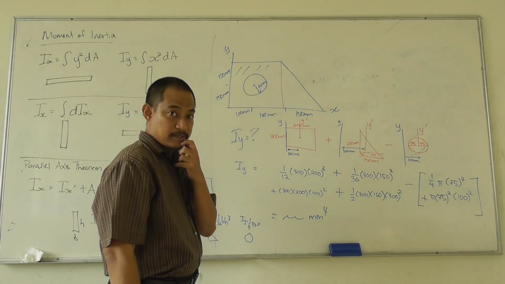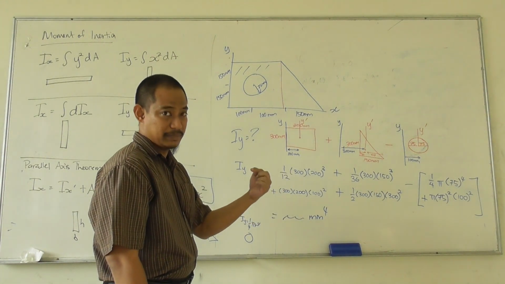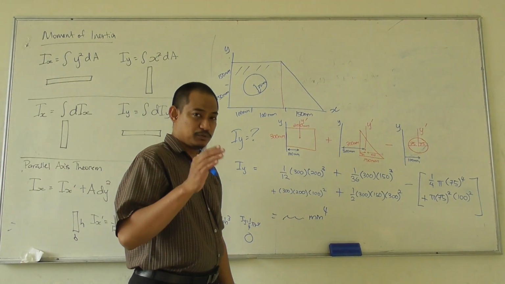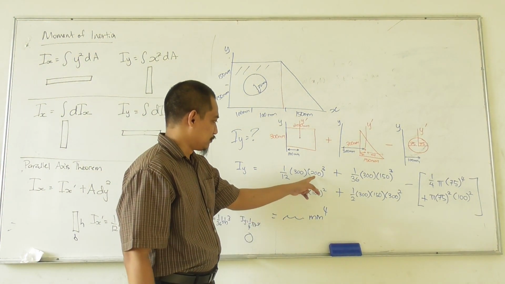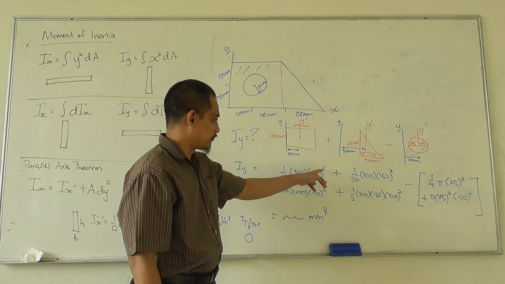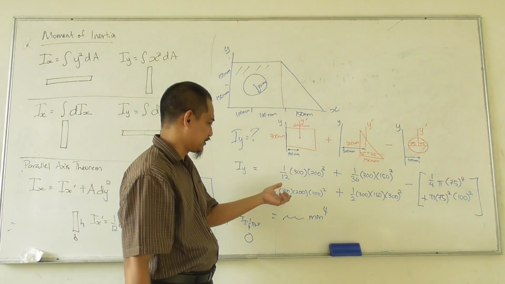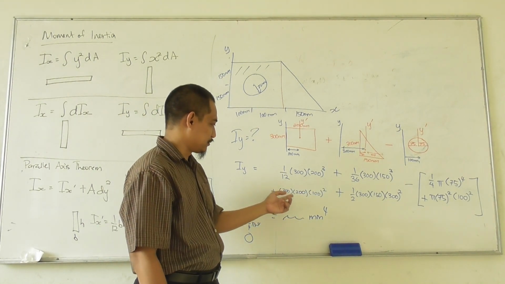Alright. Now, in this case, I know some of you like to convert into meter, for example, then you have 0.3, 0.2, etc. If you want to do that, make sure you do it properly and correctly, because when you have 0.2 to the power of 3, then you have many decimal points. So it might be confusing and tedious. I like it when you do it in millimeter.